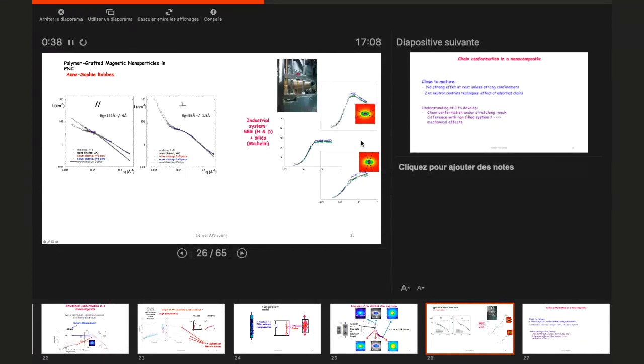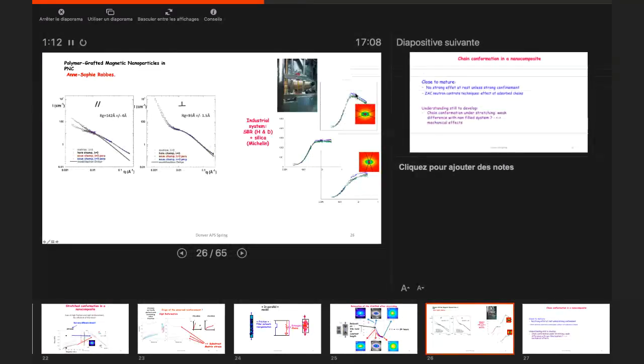And what you can see on these curves is, again, that the system is not very different under strain, with and without nanoparticles. Of course, on the top right, you have an increase and a maximum.